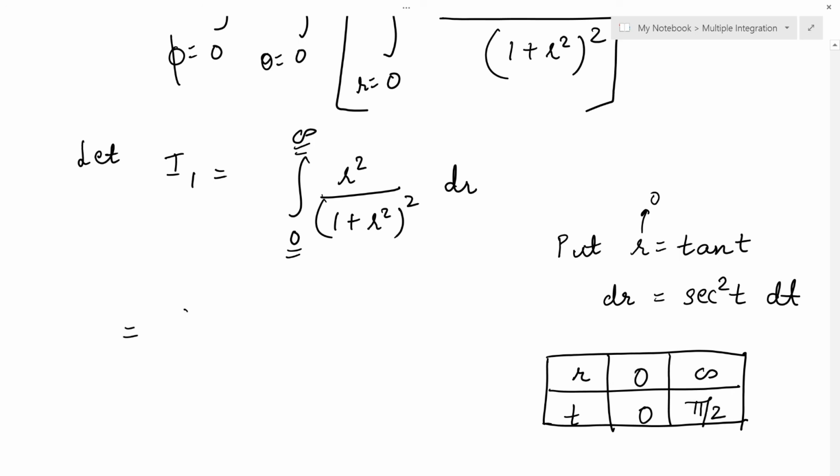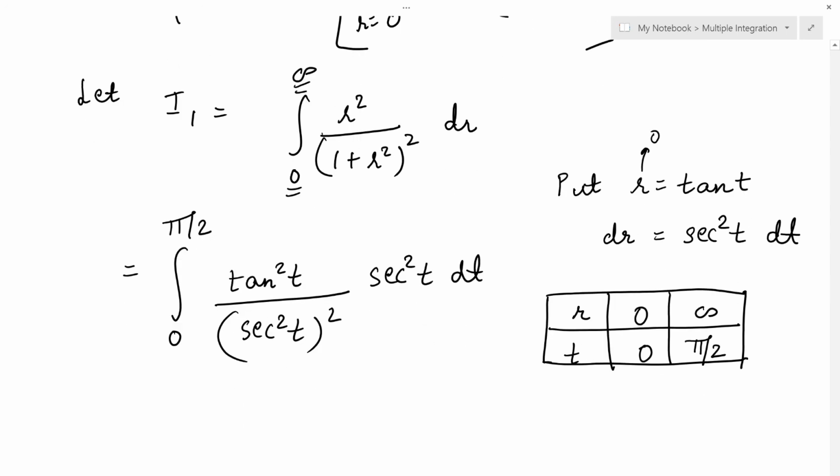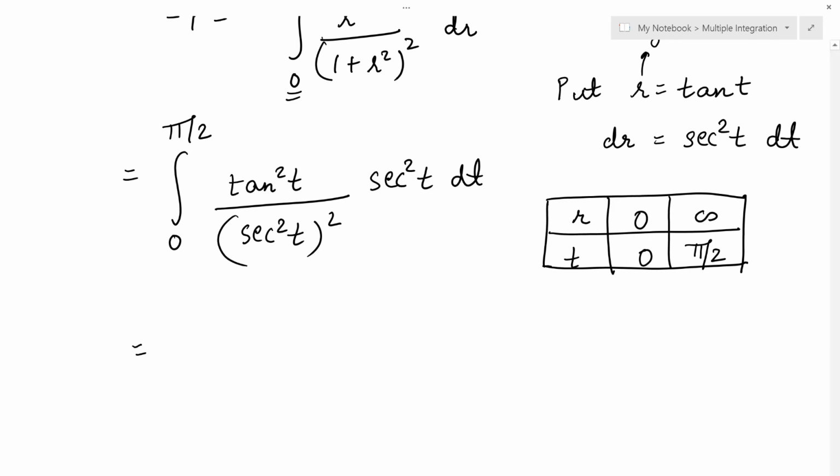So now my new limits will be 0 to pi by 2, r square means tan square t, and 1 plus tan square t is sec square t, the whole square, and dr is again sec square t dt. So one sec square will get cancelled, and if you simplify this, you have sine upon cos, and this is 1 upon cos, so cos will get cancelled, and you are left with sine square t dt.